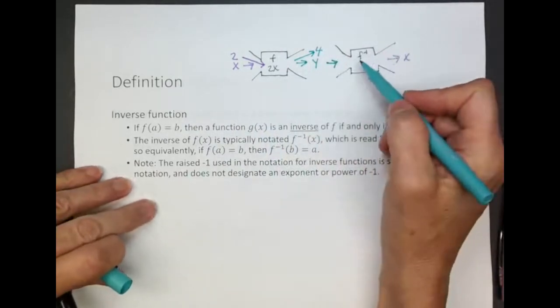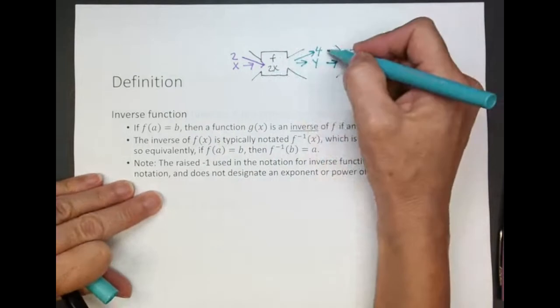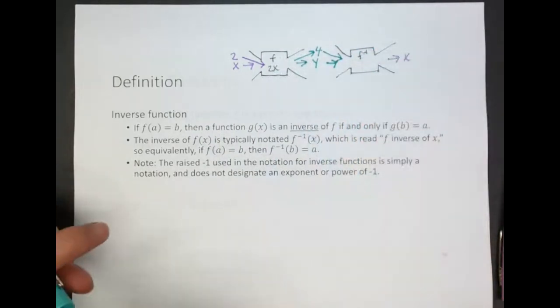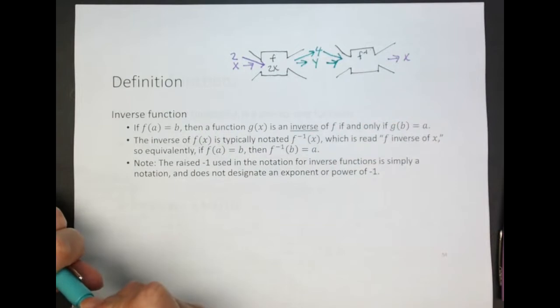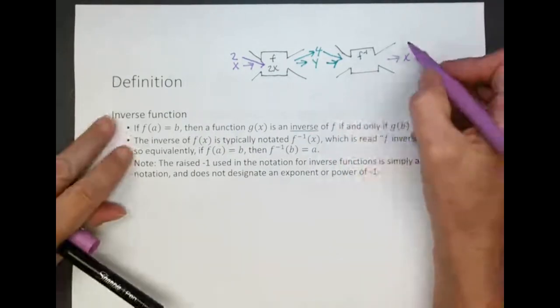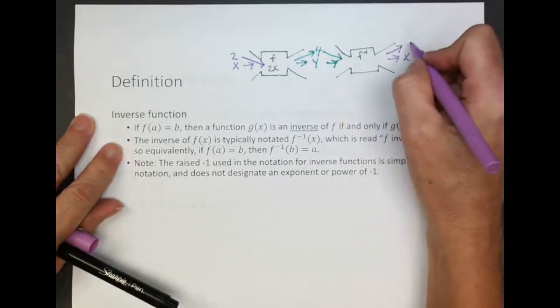Well, if f inverse is in fact the inverse function of f, when I feed that 4 as an input to f inverse, or f inverse of 4, it's going to do the operation, whatever it would be, and the output is going to be 2.